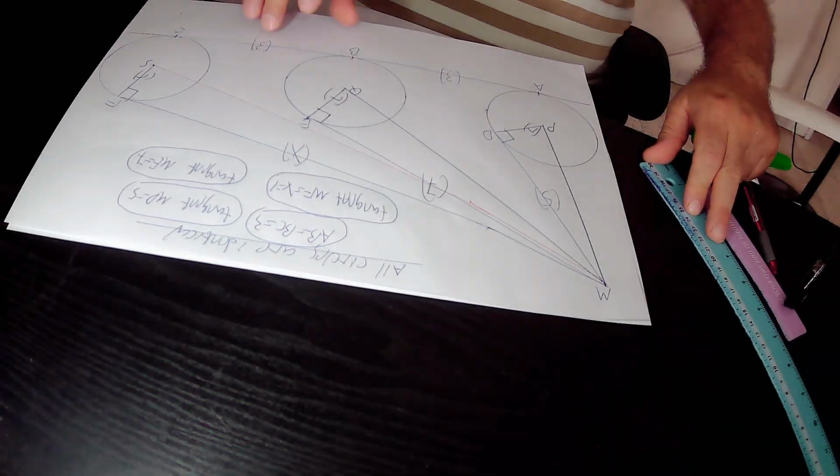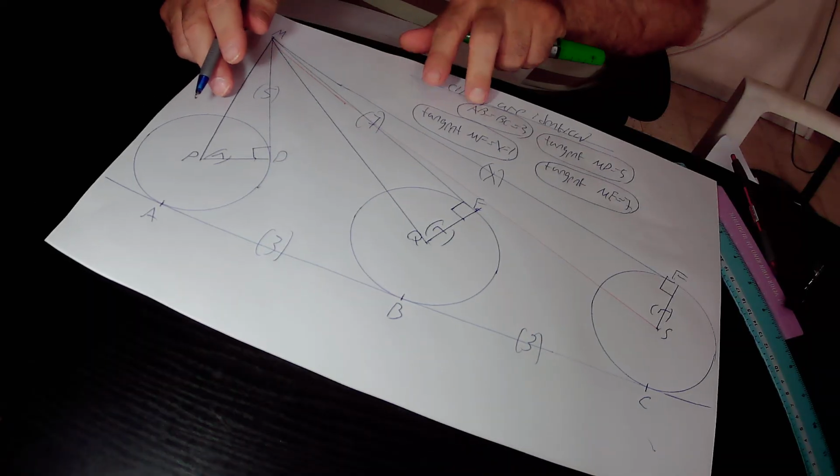In the next step, we join points P and A together by a straight line.